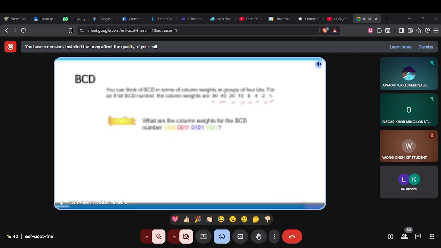After that, there should be 100, 200, 400, and 800. And later on 1000, 2000, 4000, and 8000. So this is how the BCD series represents. It's not like binary, it's not like hexa, and also it's not like octal. A little bit different.